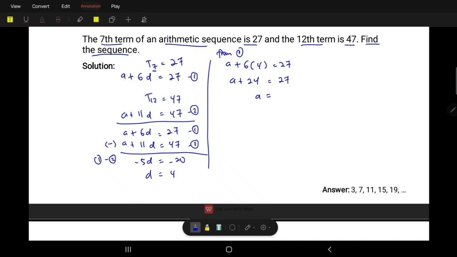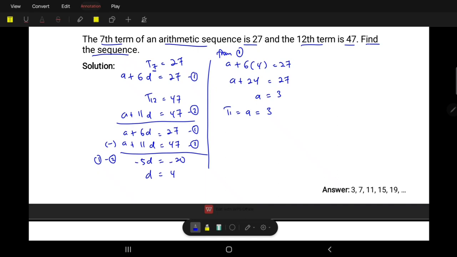So to get the value for A, 27 minus 24, it is equal 3. We know that A is the first term. T1 equals A, which is 3.